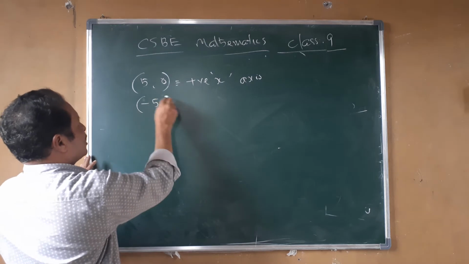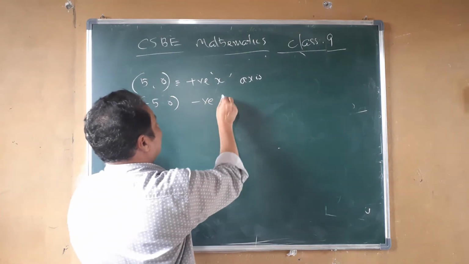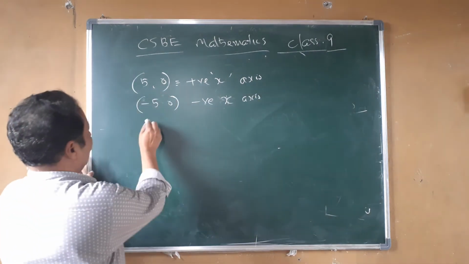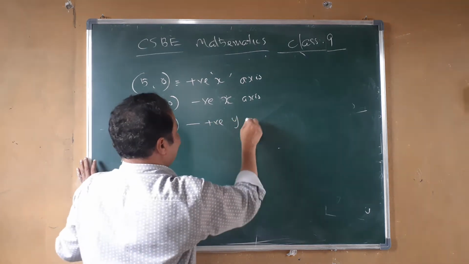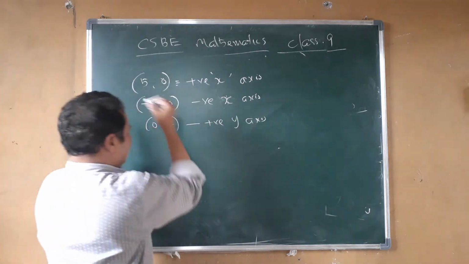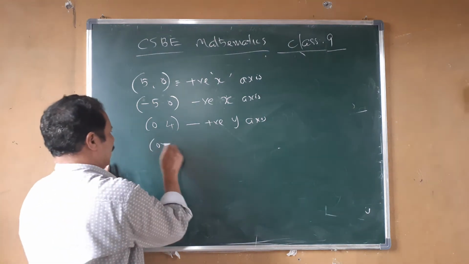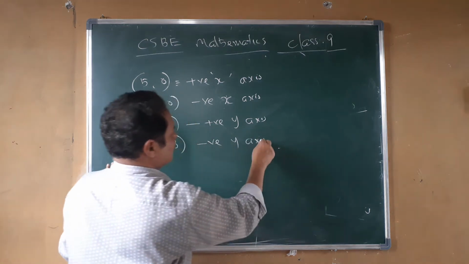And minus 5, 0, x is negative, y is 0, that is the negative x-axis. Get the idea? 0, 4 is on the positive y-axis. X is equal to 0, y is positive. 0, minus 3 is on the negative y-axis.